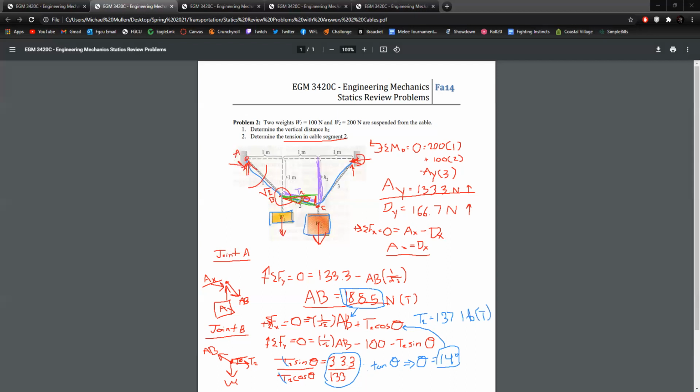So now that we have found our T2, actually we found the second thing first, but the last thing it wants us to find, H2, we know is just going to be, if we take the theta that we found for this angle right here, and we use it and we say tangent 14 degrees is going to be equal to H, which is this.